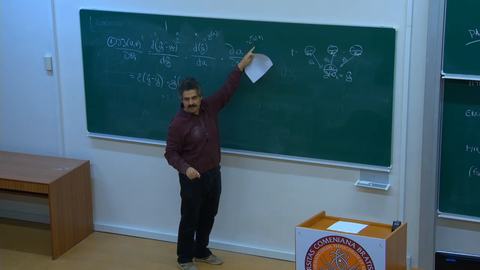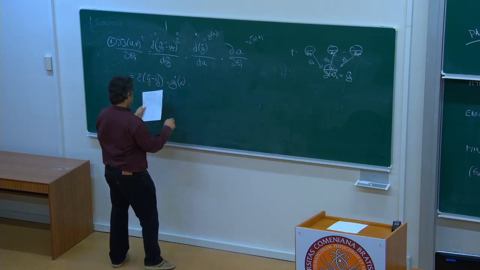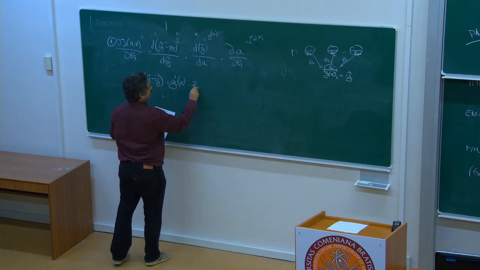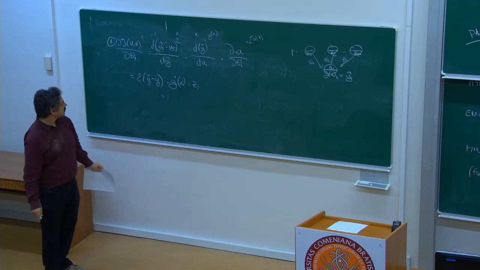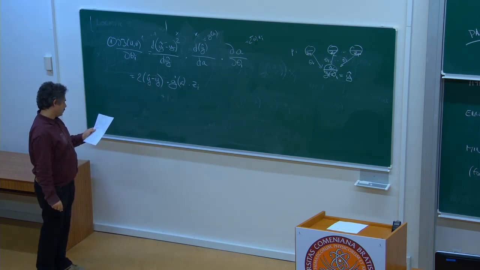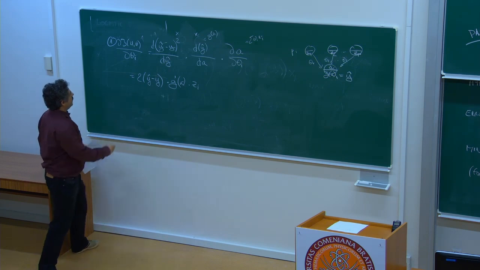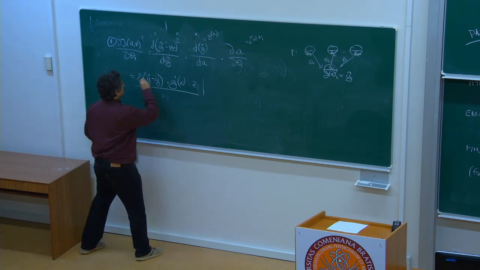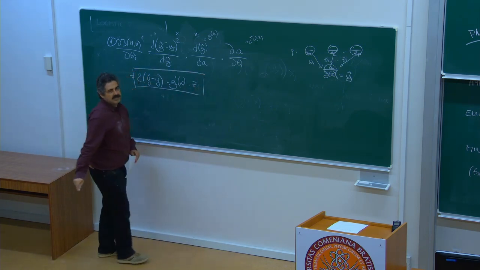All of those partial derivatives are zero except for the one that actually involves theta i, and the result is z i. That looks simple enough.